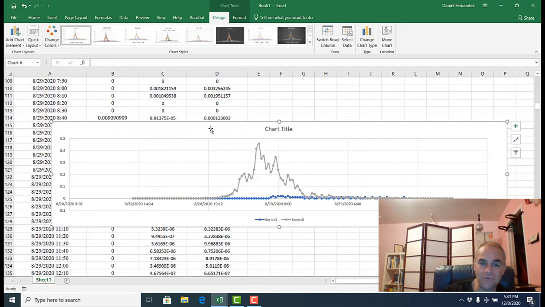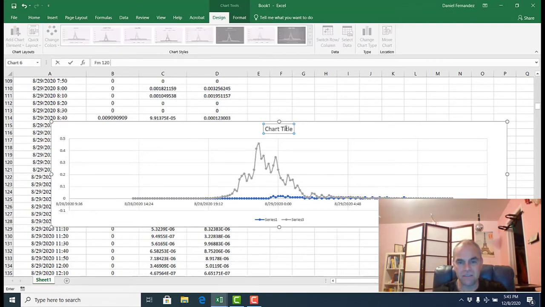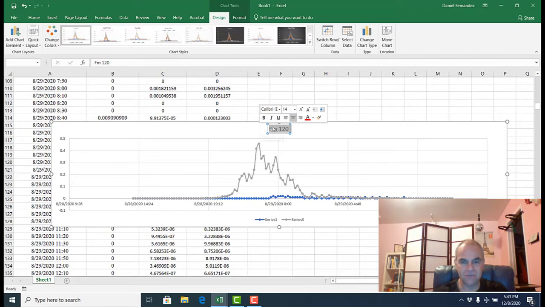And this here, if you graph this, I'll label this chart FM-120 and standard fog collector data. Call it SFC data. Okay, this is liters. So if you had to label the y-axis, I'd label it liters. And the x-axis, of course, is time.